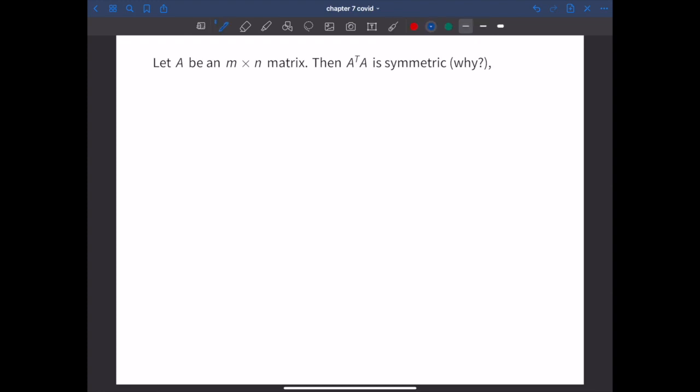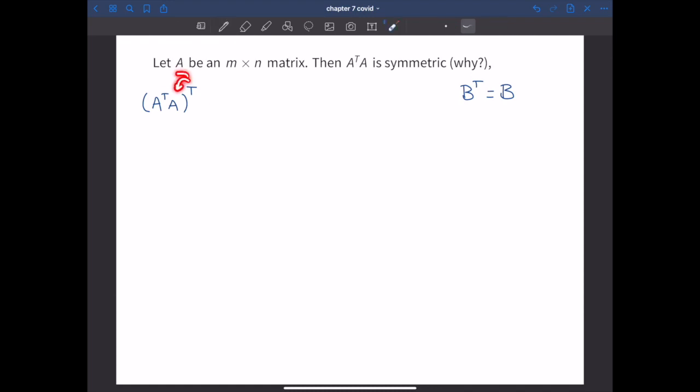Well, the first thing we should do is remind ourselves what it means to be symmetric. You are a symmetric matrix if, when I take the transpose, you get back the original thing. So if we want to test why the matrix A transpose A is symmetric, let's take the transpose of it and see what we get.